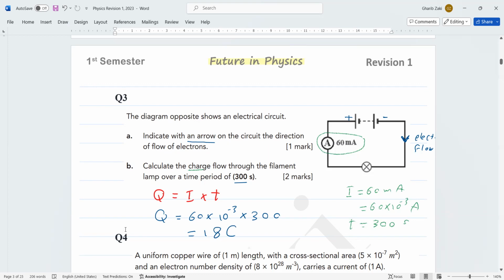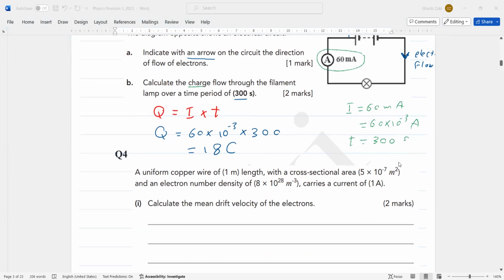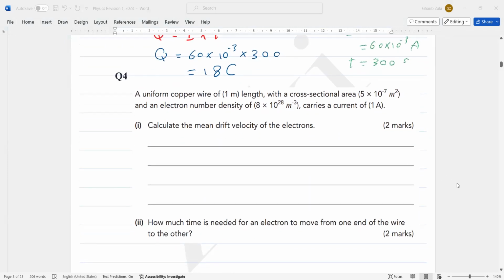Now, someone asked me something in the chat here. Clockwise, yeah. You can say clockwise, that's correct. We accept this solution. But he said in the question, indicate with an arrow. Okay, yeah. Now, next question. Try to solve that.